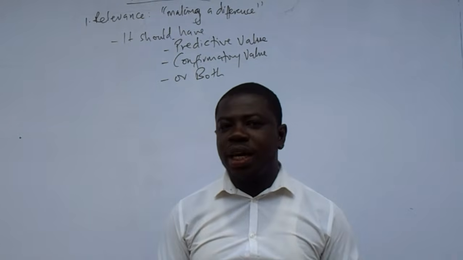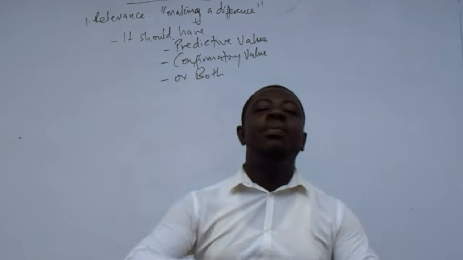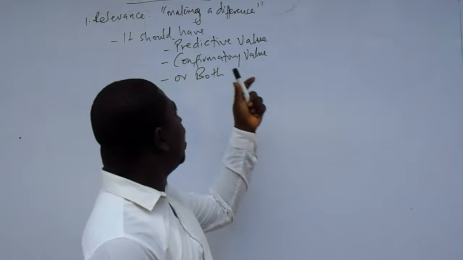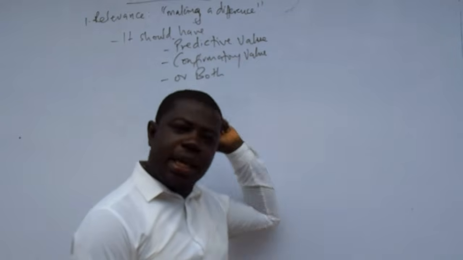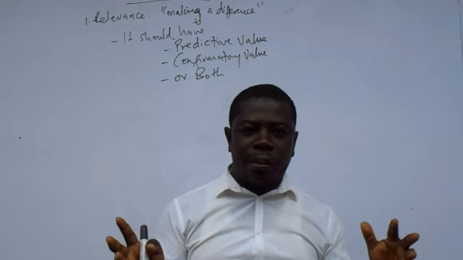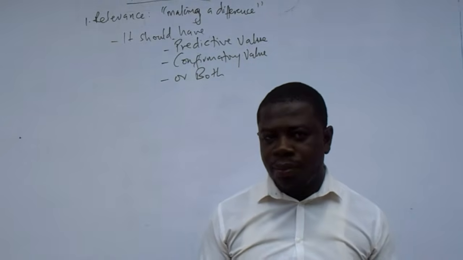And we are saying also that for information to be able to make that difference that we expect in our decisions, that information should have a predictive value, a confirmatory value, or both. So either of them or combined. I think the combined is the better.